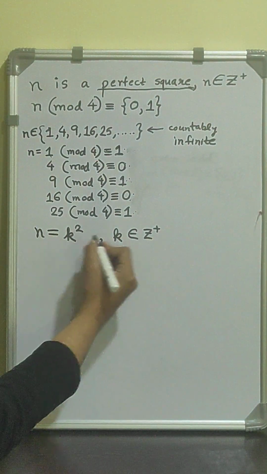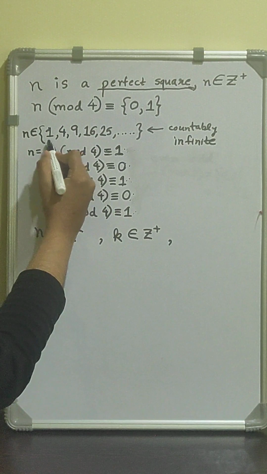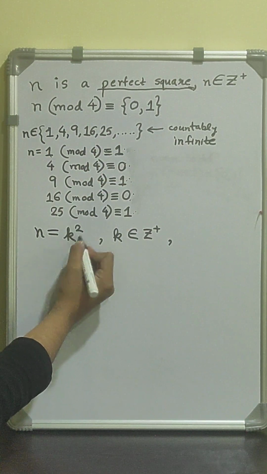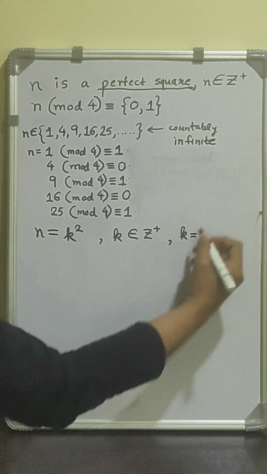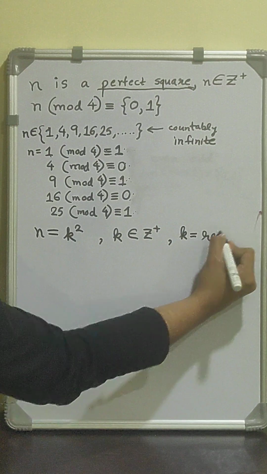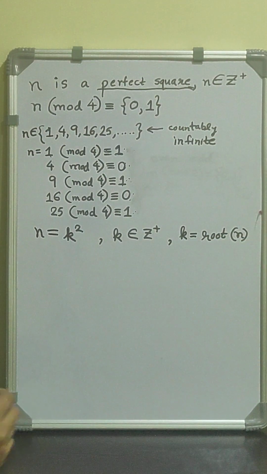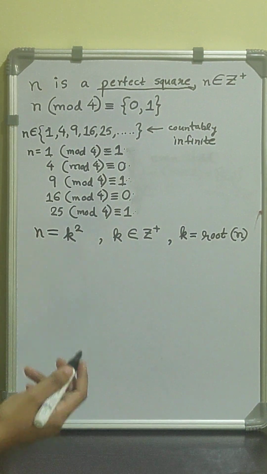If I write it like this, then I'm saying that for every n, since n is a perfect square, I have a corresponding k, where k is defined as some function that I might choose to write like root of n, square root basically. So there will exist k for every n.